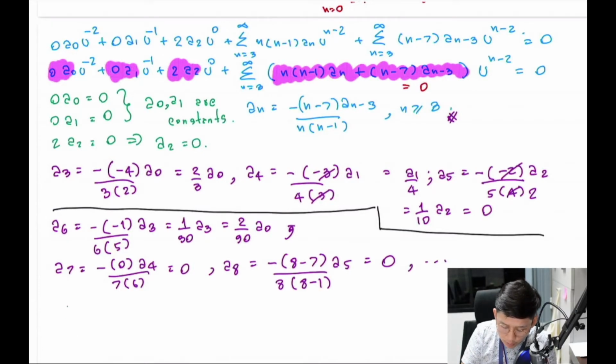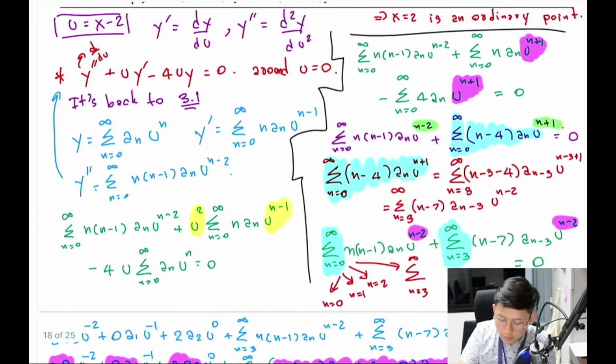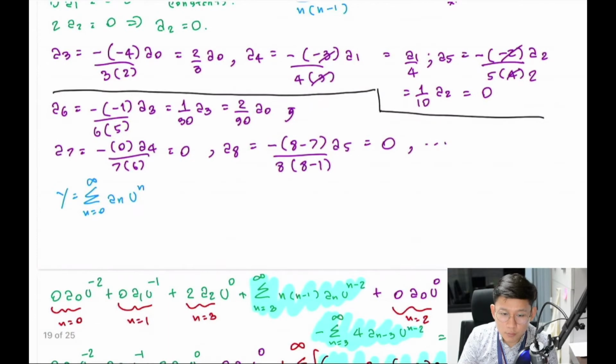So now I'm going to write down the solution. The solution y would be the summation, n from 0 to infinity, of a n u to the n. Guys, don't forget, right now our solution is y equals summation n from 0 to infinity a n u to the n. A0 is just A0, u to the 0, which is 1. Plus A1 u to the 1.